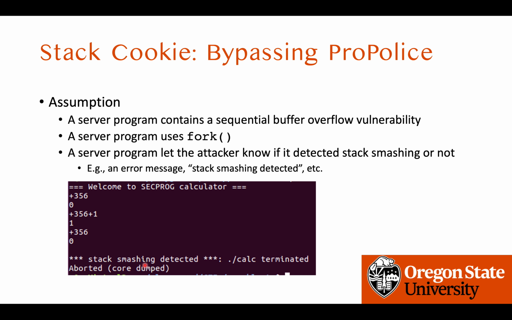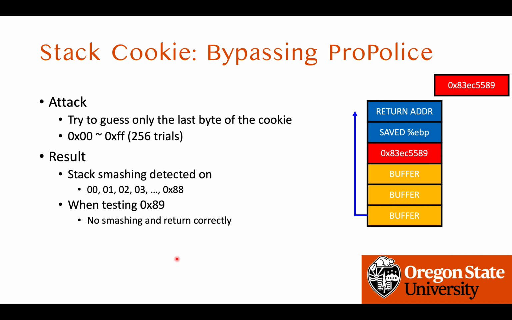So it will have an error message like this. If this is printed, then you can regard your stack cookie modification as failed. But if you match the stack cookie, then you will not see this message. The way we can attack this is by guessing the cookie value byte by byte.